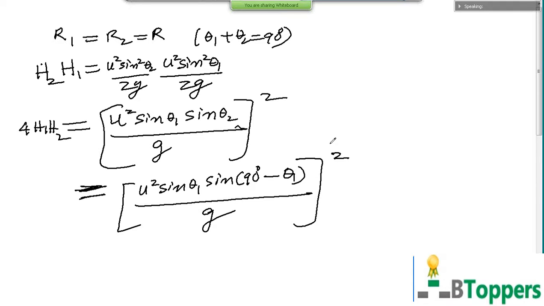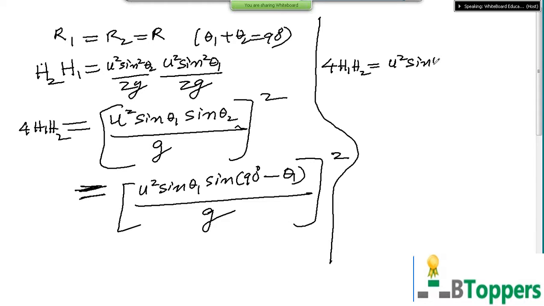So sine 90 minus theta 1 you can write as cos theta 1. So you can get for H1, H2 equal to u square sine theta 1 into cos theta 1 by g whole square. Multiply numerator and denominator with 2 within the brackets.